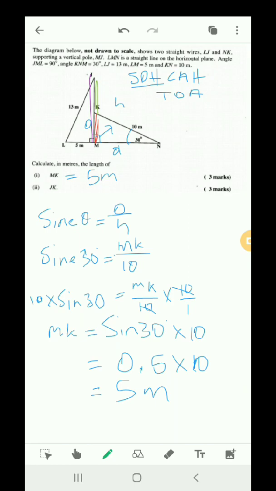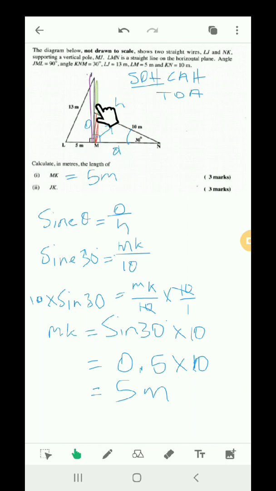Now, how can we find JK? Well, if we subtract MK, which is marked in red, from MJ, that longer line, we'll be left with JK. So we'd have to find what MJ is. We already know what MK is right here. So we need to find MJ, this longer line here, and then when we subtract MK from MJ, we'll be left with JK.